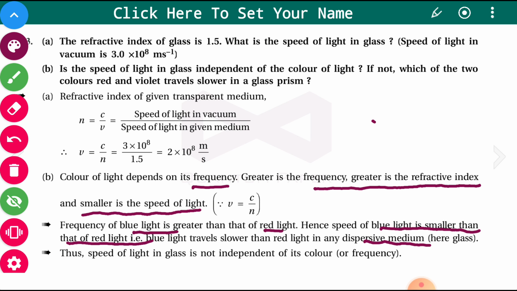Thus the speed of light in glass is not independent of its color or frequency. It is depending upon color. So different color light will have different speed in the medium of glass. Here we have prism.